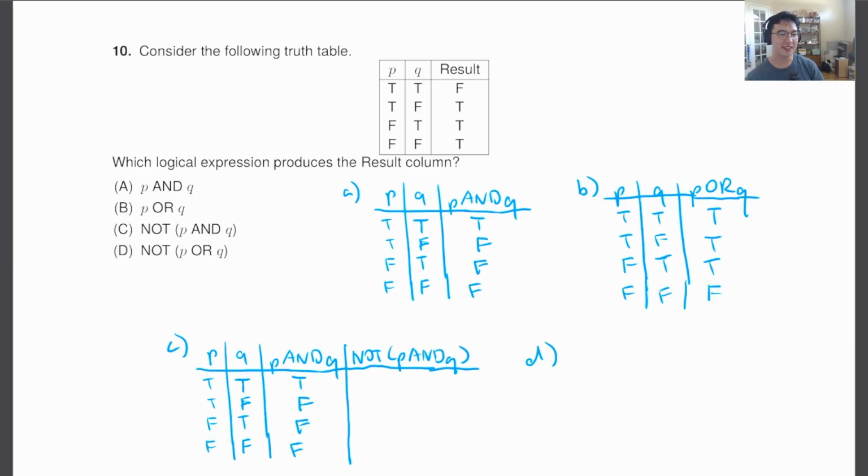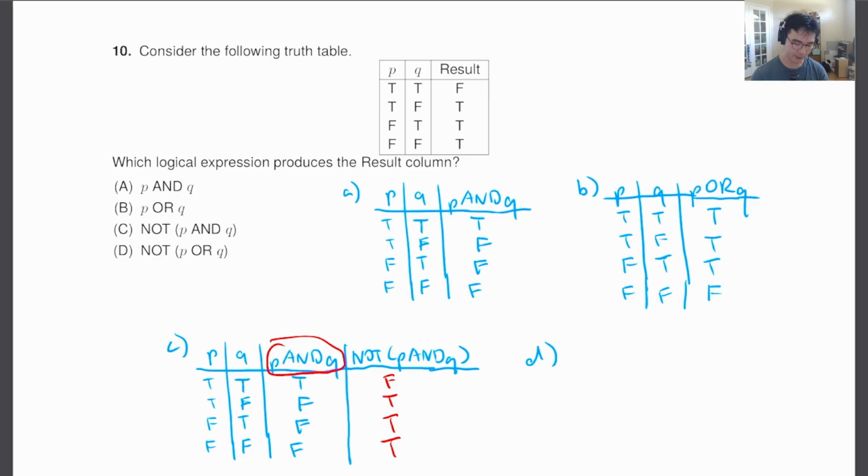I like to think of not as like your best sarcastic friend. They're like, you're so smart, not, or something like that, you know? But the idea is they mean the opposite of what they say. So I am going to not P and Q. But good thing is we already have P and Q over here. So I'm just going to go to that column and do the opposite of whatever that column says. So true, it's false, false, true, false, true, false, true. And that is not P and Q.